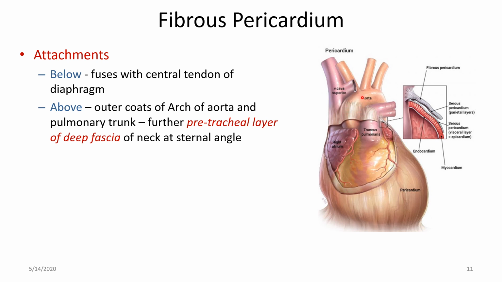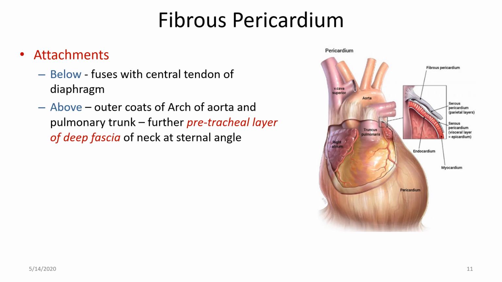So the outer layer of a blood vessel is tunica adventitia, and here also it is continuous with the outer layer covering the arch of aorta and pulmonary trunk. Not only that, it is continuous with the pretracheal layer of deep fascia of neck at the sternal angle.